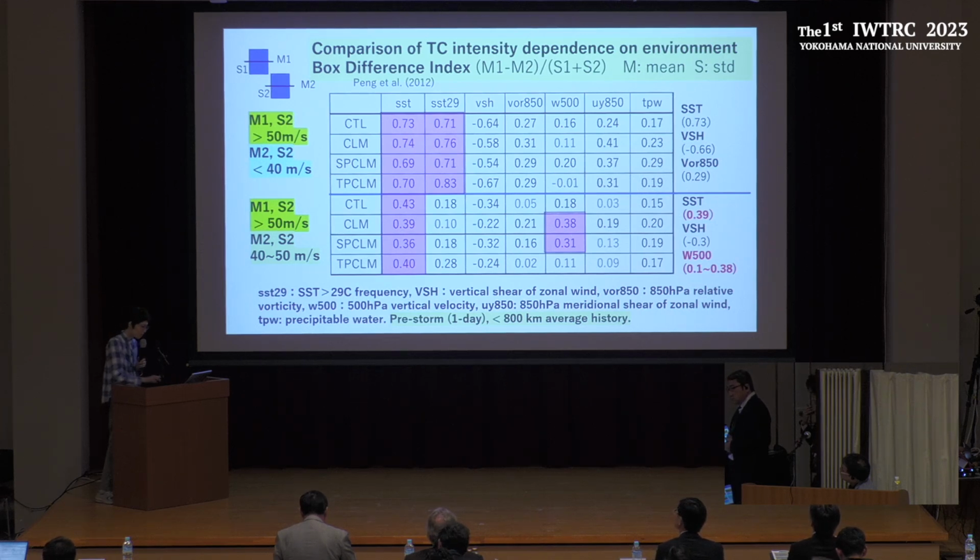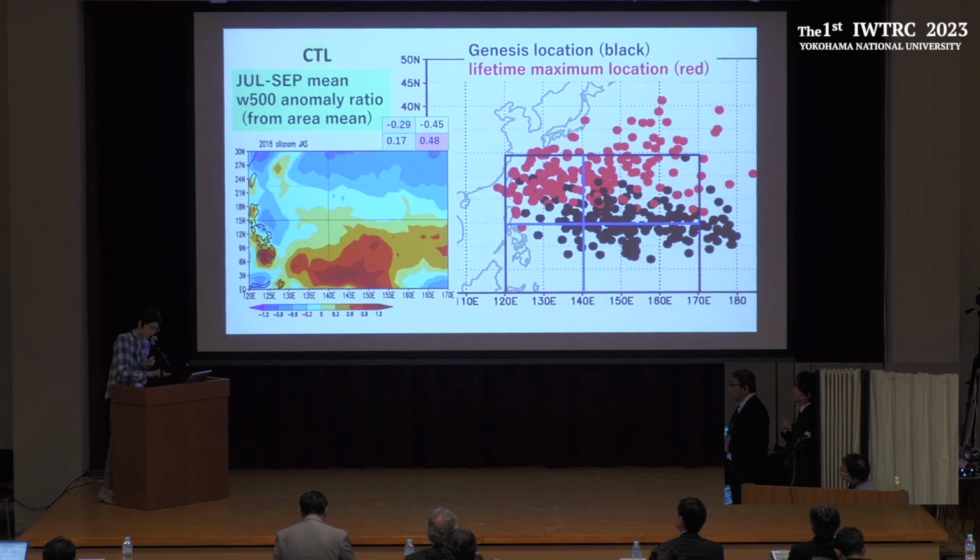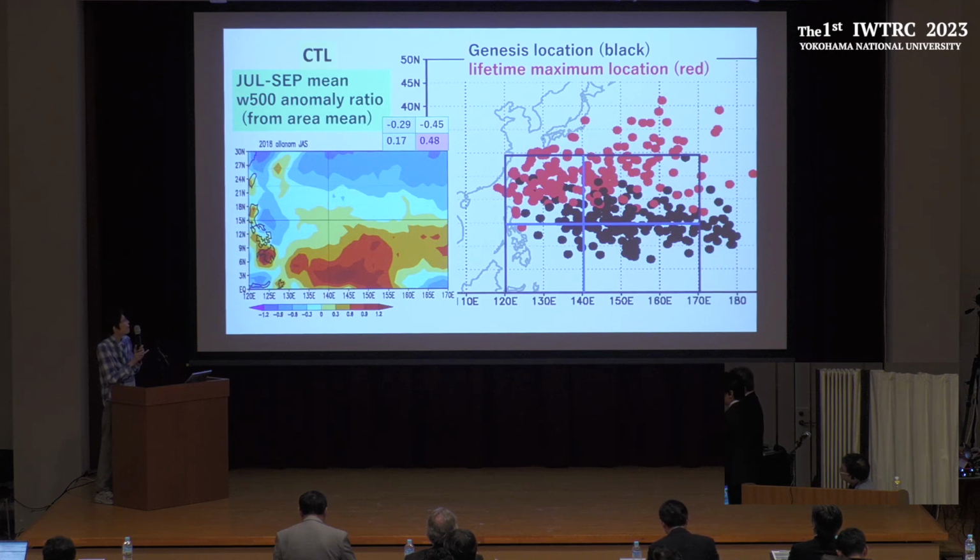cases. Then next, we look into the middle tropospheric vertical velocity distribution and the location of the lifetime generation of each vortex and lifetime maximum location, red circle, for the tropical cyclones exceeding 40 meters per second, strong types.